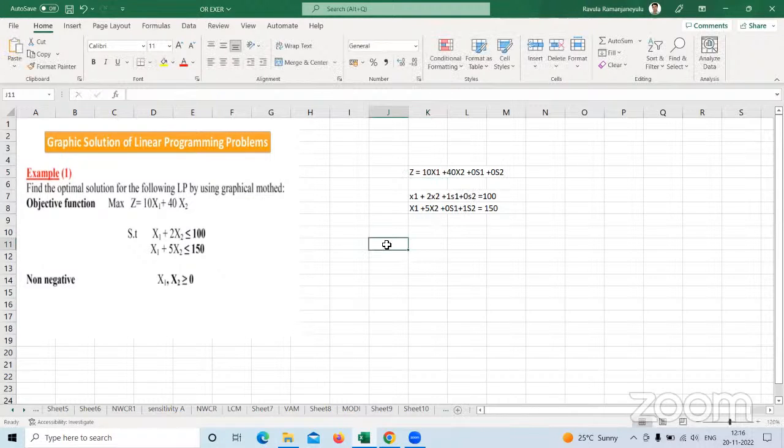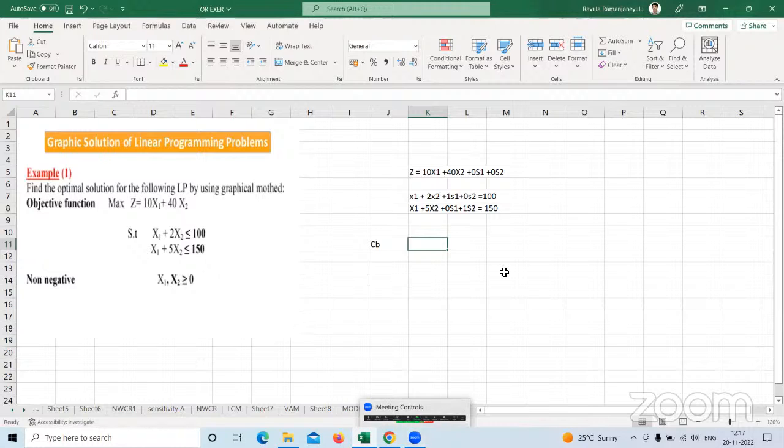We need to keep the headings in the table. The first is CB, which stands for coefficient of basic variables.